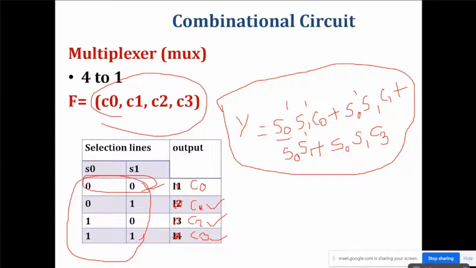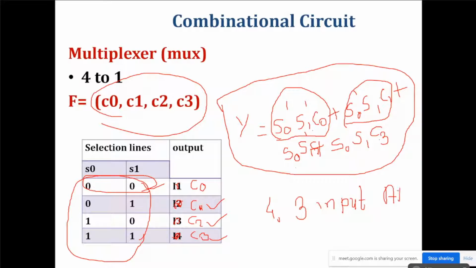We need four 3 input AND gates, and one 4 input OR gate.